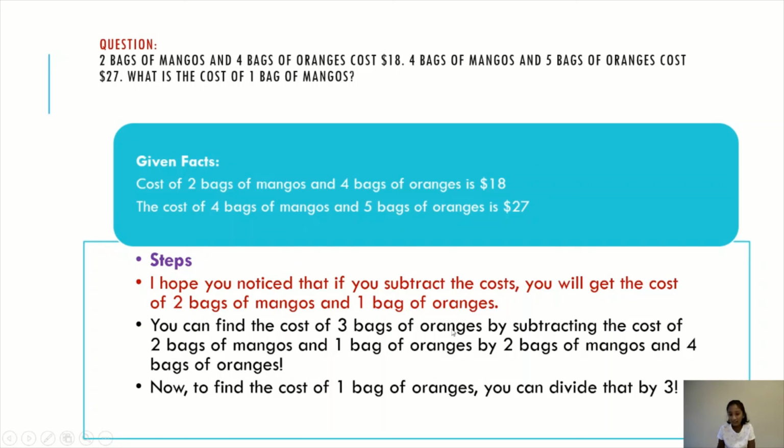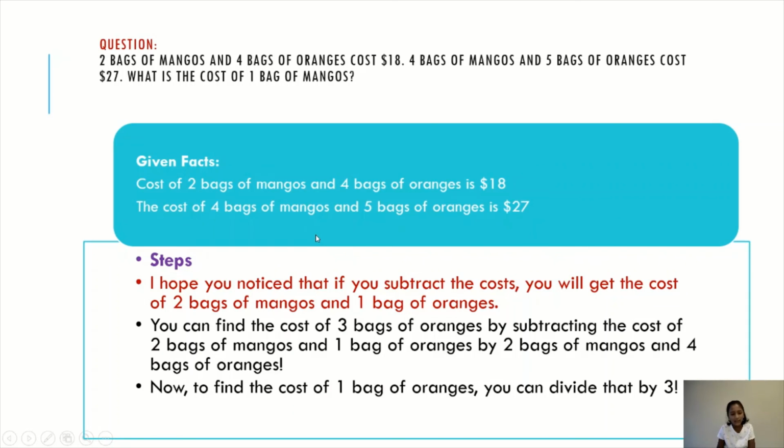So the cost of 3 bags of oranges is $9. So now to find the cost of 1 bag of oranges, you can divide that by 3. So 9 divided by 3. I hope you all got 3 as the answer.